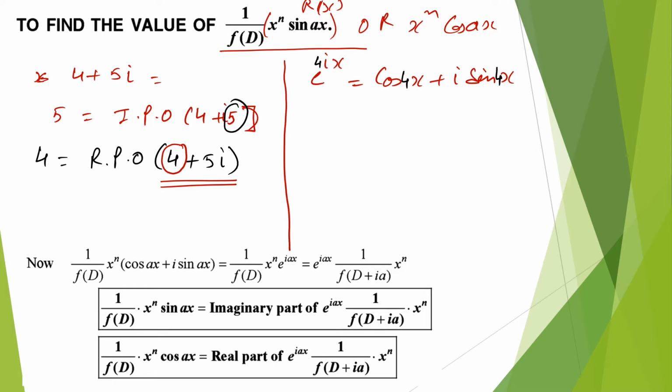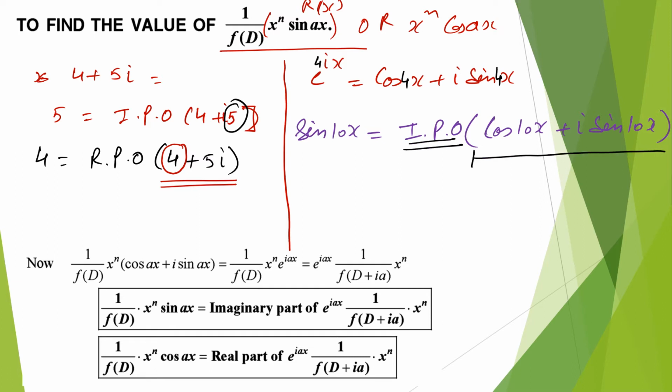Now for sin 10x, sin 10x is equal to the imaginary part of cos 10x plus iota sin 10x. That means we are only focusing on the imaginary part of this complete term, that is only sin 10x.